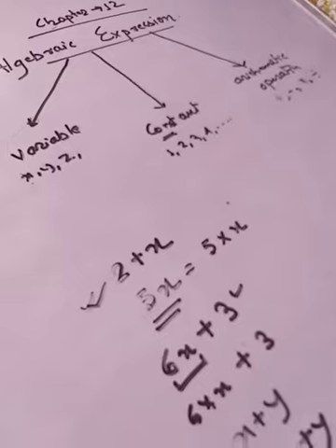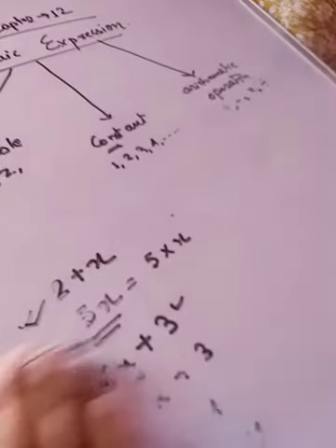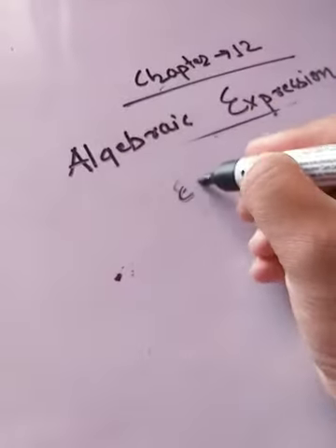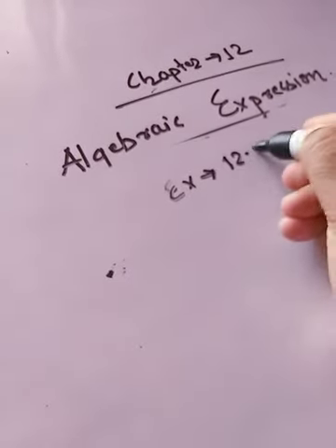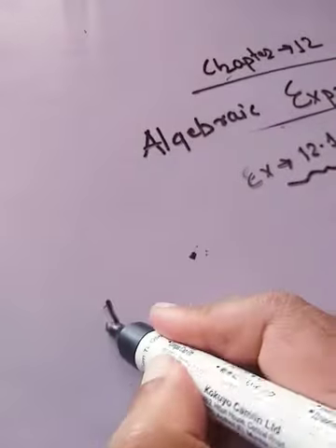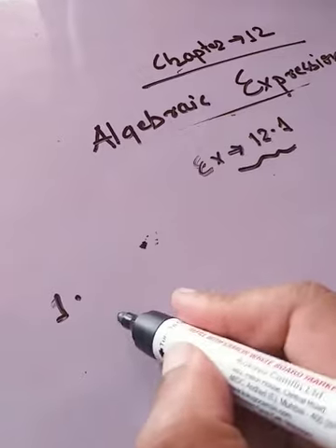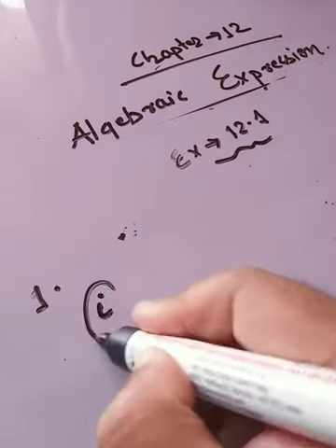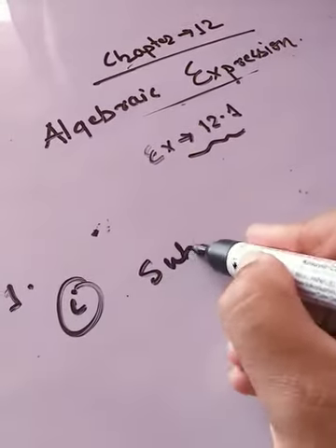Now let's move on to the first exercise, that is exercise 12.1. Exercise 12.1, question number 1. We have many questions where we have to write the algebraic expression. They have written some statements.